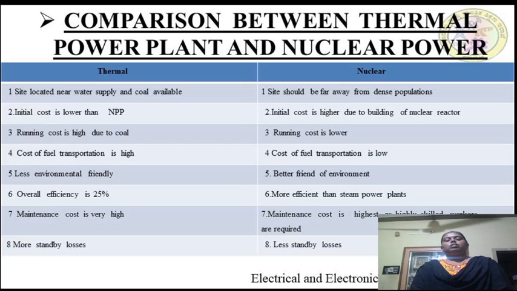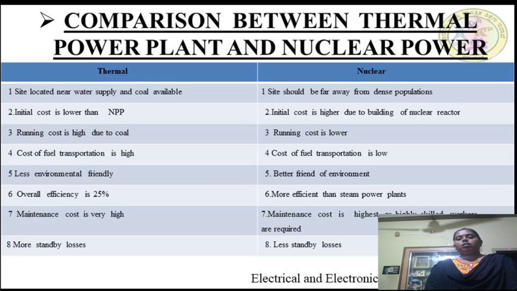Number 1, thermal site is located near water supply and coal available. In the nuclear, site should be far away from the dense population. Second one, initial cost is lower than nuclear power plant.